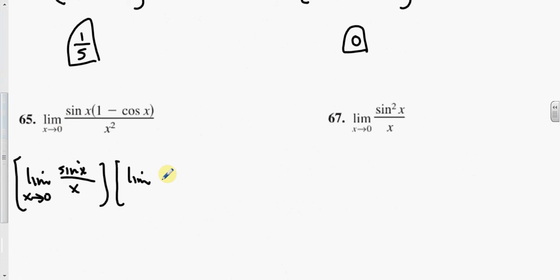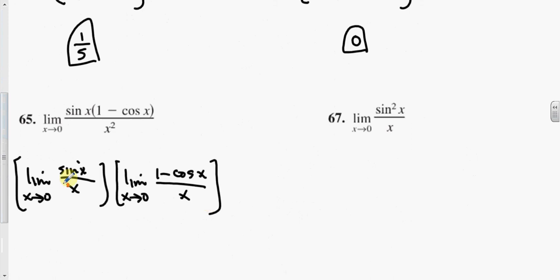So the limit as x goes to 0. Okay, that's better.